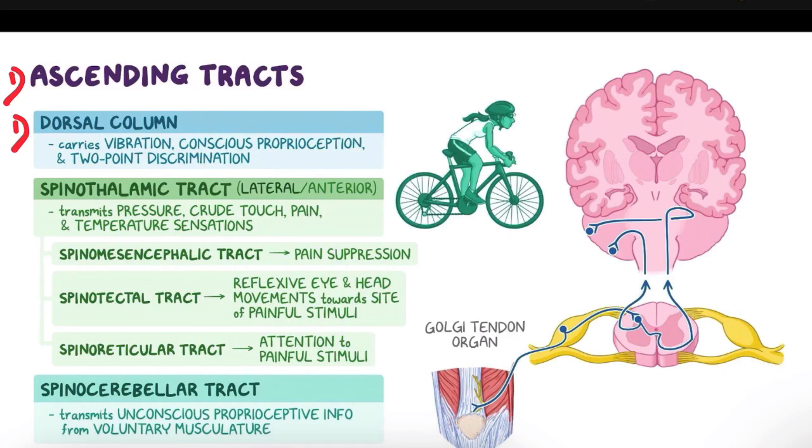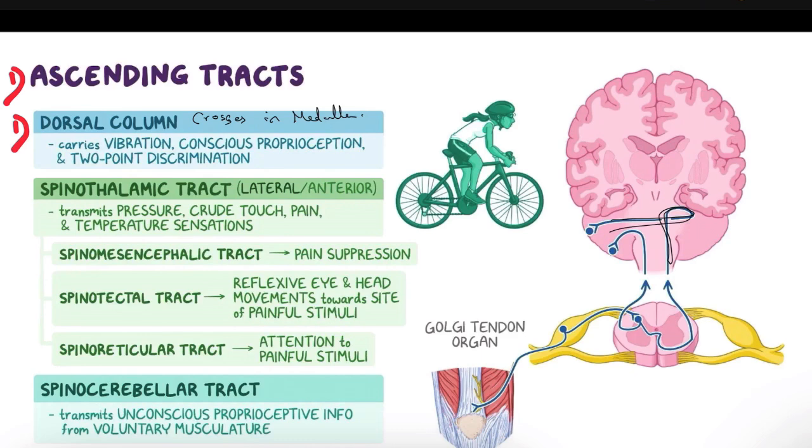This dorsal column mostly helps with fine touch, vibration and proprioception, and it crosses in the medulla. So the dorsal column carries vibration, conscious proprioception and two-point discrimination, and it crosses in the medulla like this.